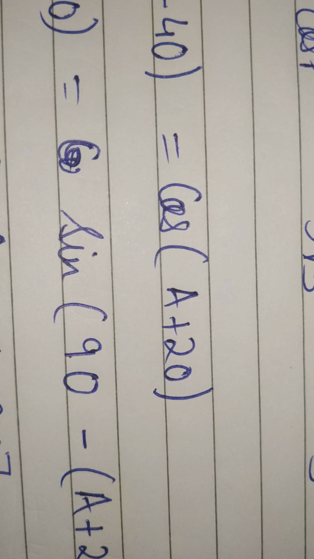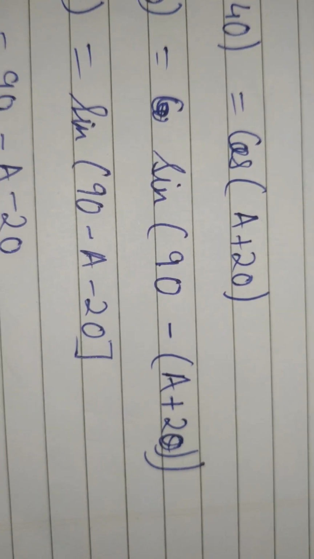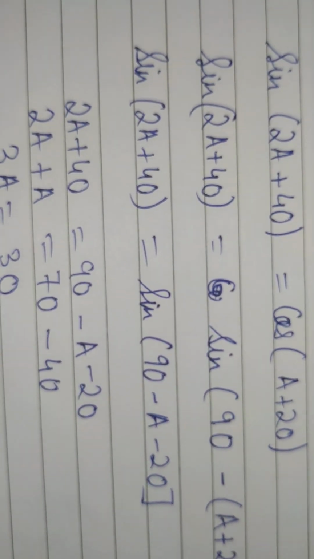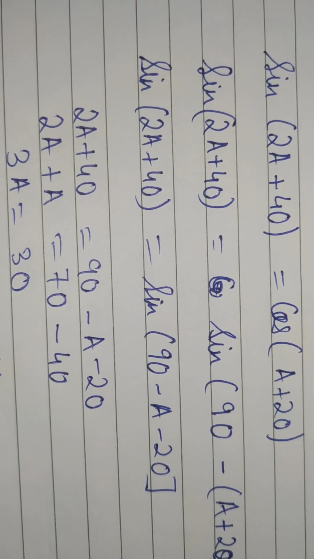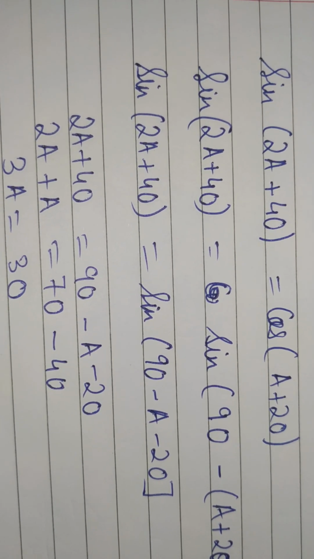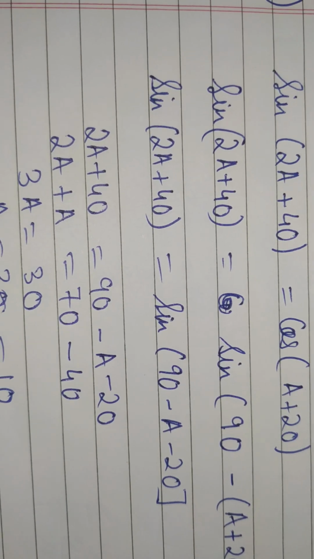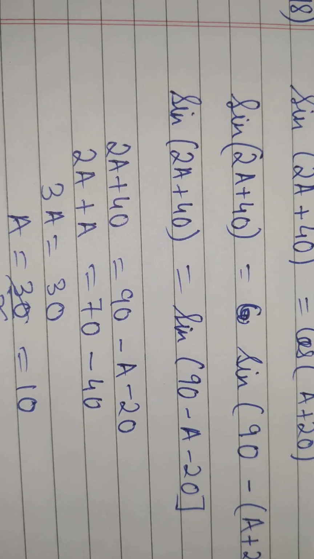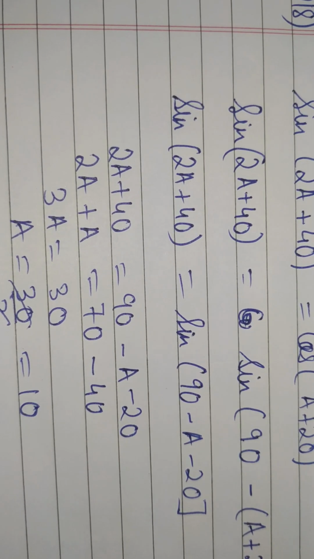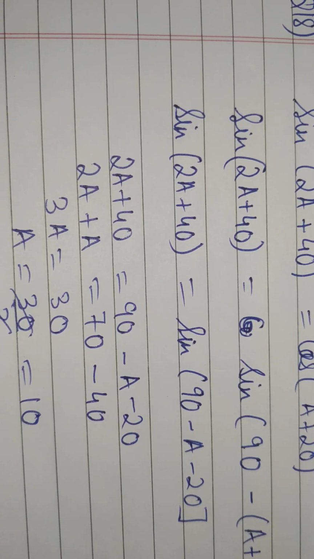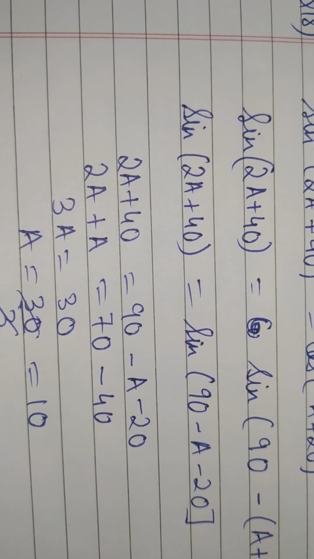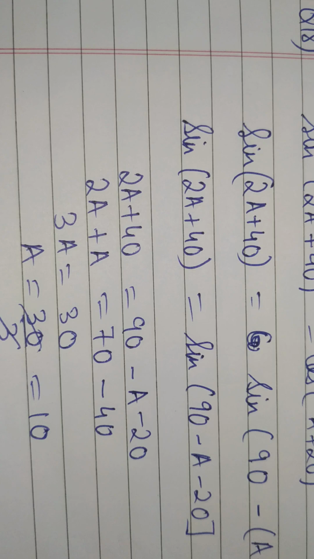What will be my theta? Theta will be a plus 20, so I will write here a plus 20. Then sin (2a plus 40) is equal to sin (90 minus (a plus 20)). Comparing only angles, 2a plus 40 is equal to 90 minus a minus 20. 90 minus 20 will be 70, and that 40 I take to the other side, before it was plus, now it will be minus.